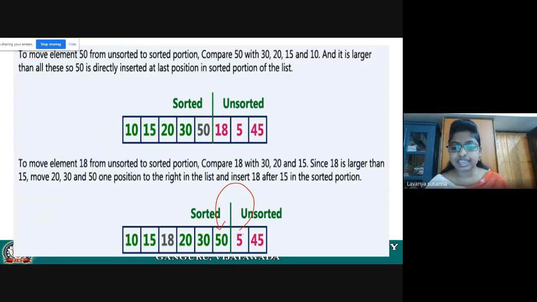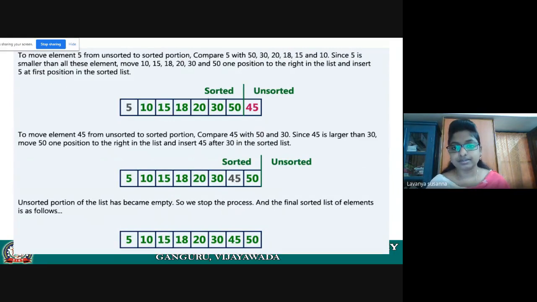After inserting element 5, arrange 10, 15, 18, 20, 30, 50 and 5 in ascending order. See, this is the resultant array, arranged in ascending order.